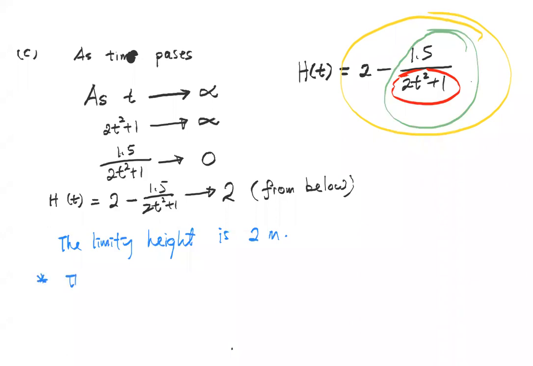The plant will not grow beyond 2 meters. So this will be a better way of expressing the meaning of this horizontal asymptote.